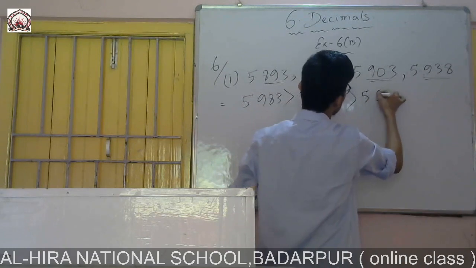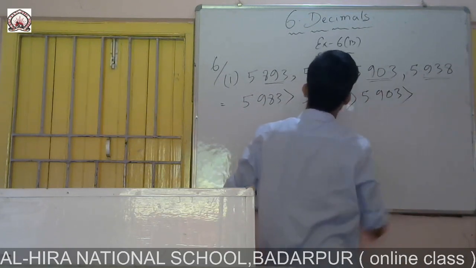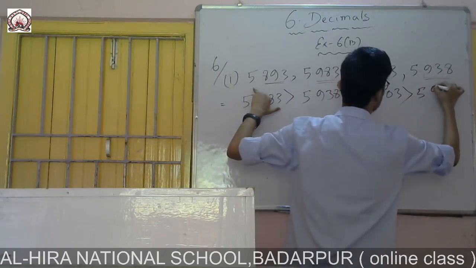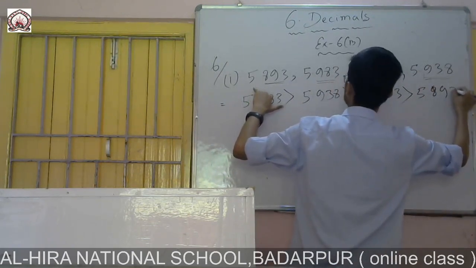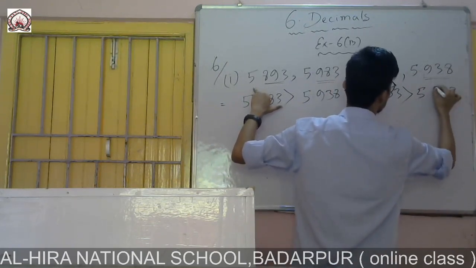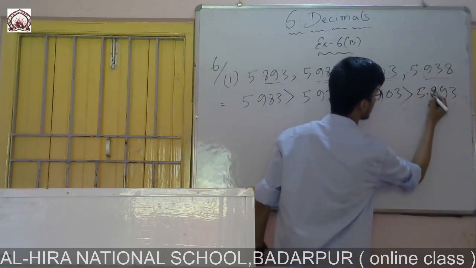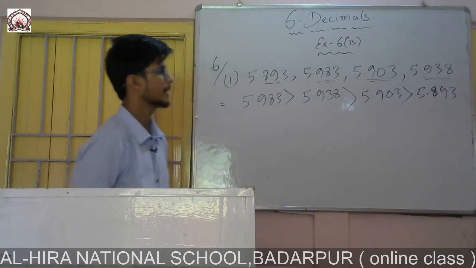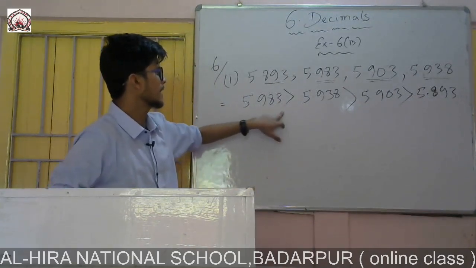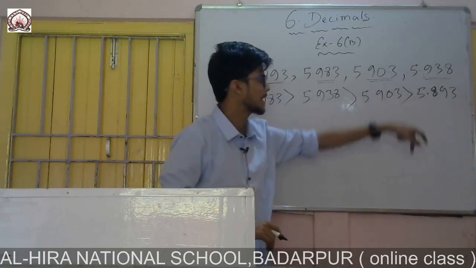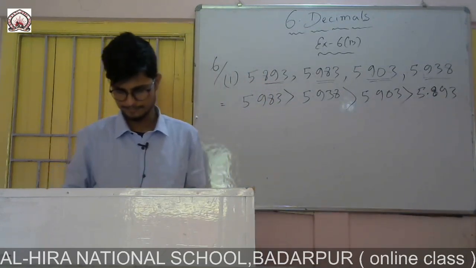This one, 5.903, and last one is 5.893. So these are from the largest to the smallest. First one is 983, then 938, then 903, and last one is 893.